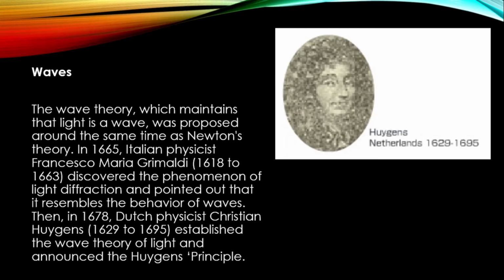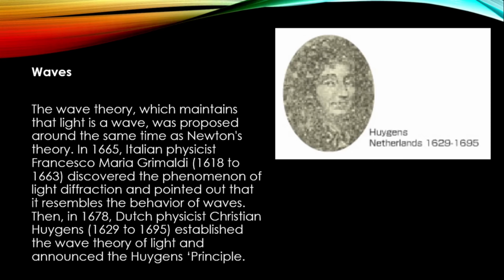And then another physicist, Francesco Maria Grimaldi. The wave theory, which maintains that light is a wave, was proposed around the same time as Newton's theory. In 1665, an Italian physicist, Francesco Maria Grimaldi, born in 1618 and died in 1663, discovered the phenomenon of light diffraction and pointed out that it resembles the behavior of waves.